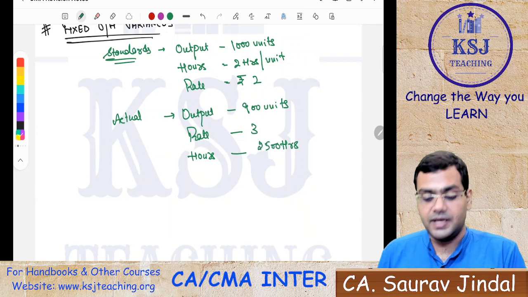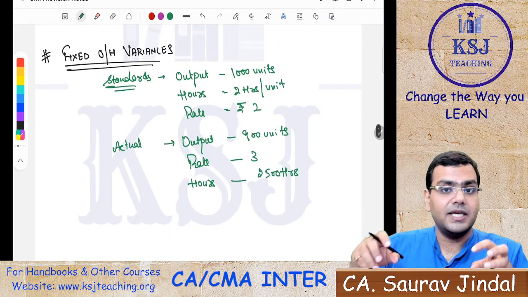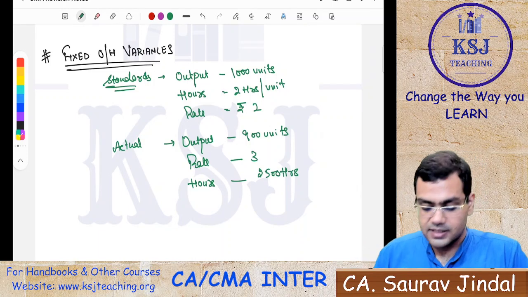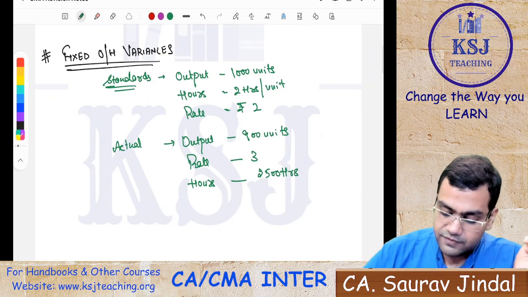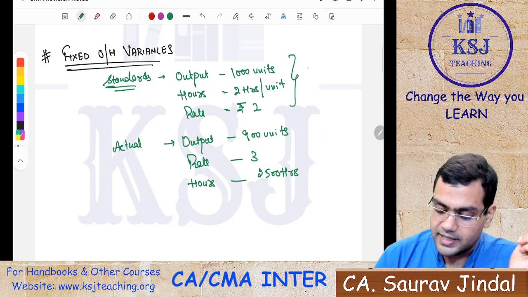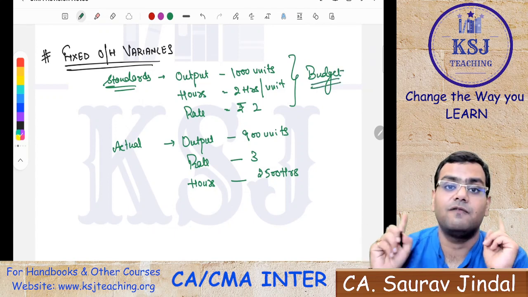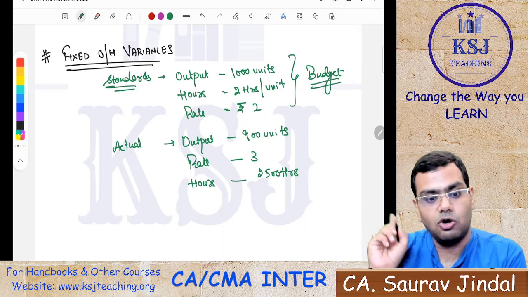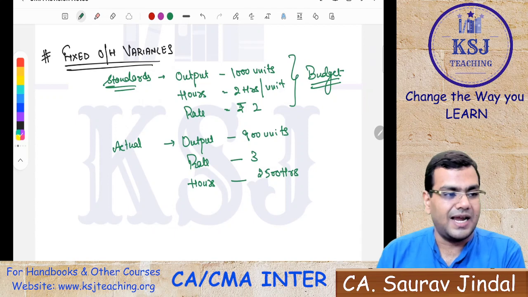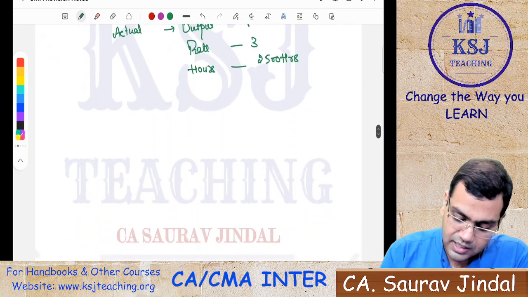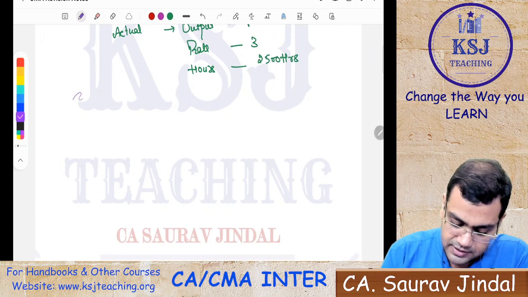Now, how to prepare the table in the case of fixed overhead variances? Let's say this kind of information is given to you. We call this the budget. Budget means what you originally planned for, including the output. We call the standards the budget also. Now let's see how the table is prepared in this case.